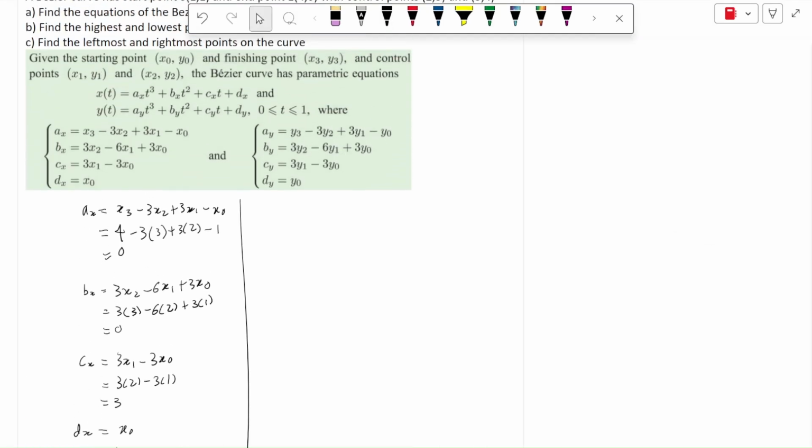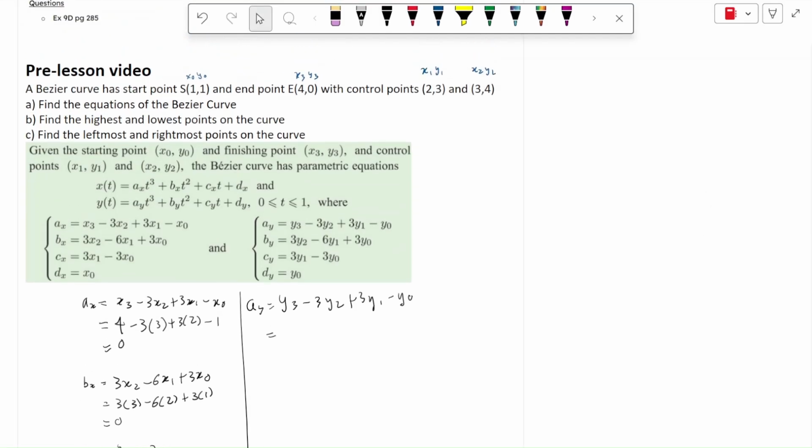Okay, now time to do y. Halfway there. ay, these are all the same equations, it's just with y's instead of x's. Now we're going to plug in what our y values actually are. So y3 was 0, 4, 3, and 1. So that will be minus 4 when we work that out.